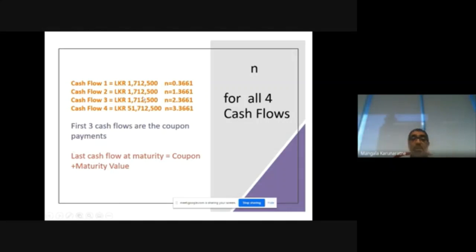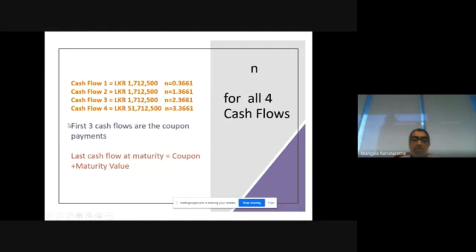But now you see, last cash flow at maturity equals coupon plus maturity value. This is simple. Now we have all the relevant data for our calculation, right?